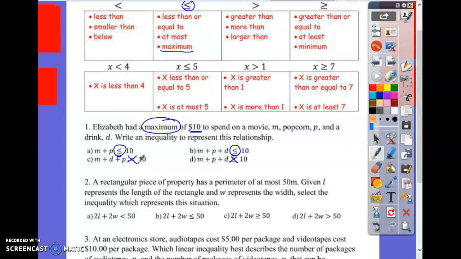So already I haven't even read it, and I already took out 2 answers, right? Then, go ahead and read it. She spent the money on a movie, M, popcorn, P, and a drink, D. So movie, popcorn, and a drink all together, right? You're adding them. Needs to be a maximum of $10. So my answer is B, because this one's not including the drink.